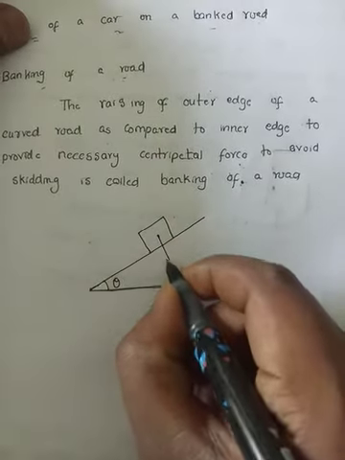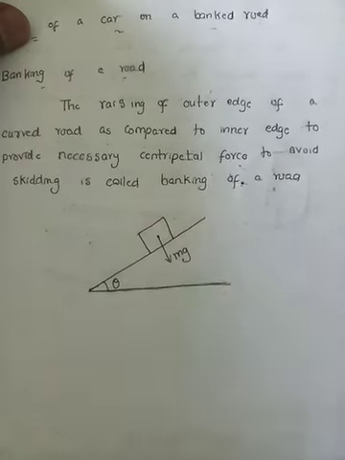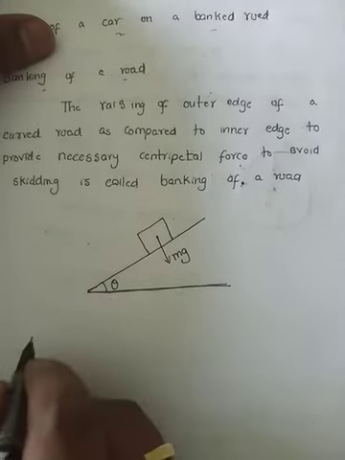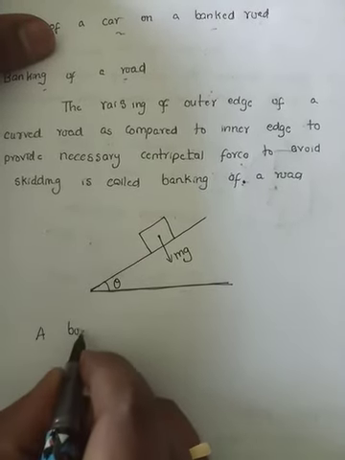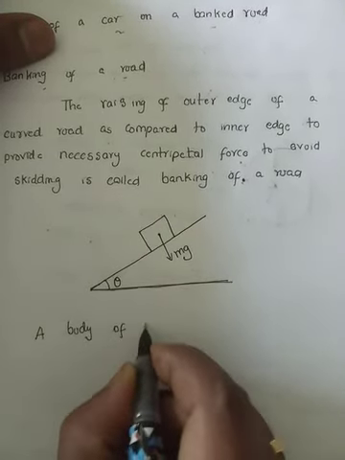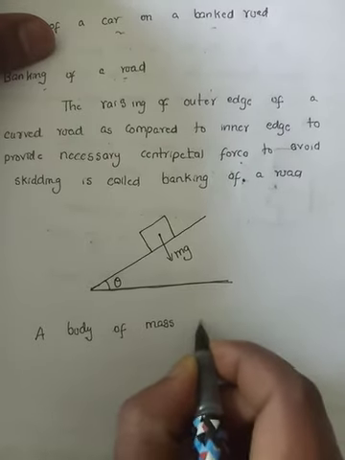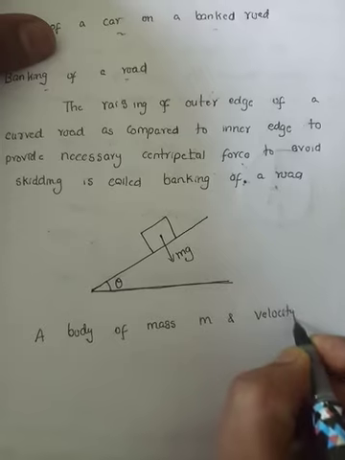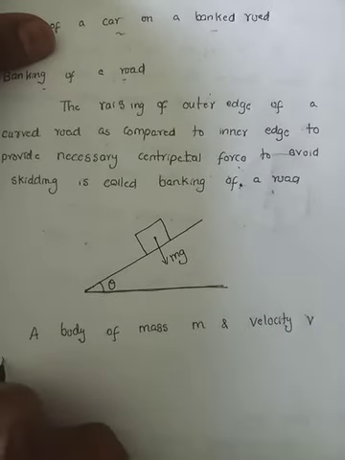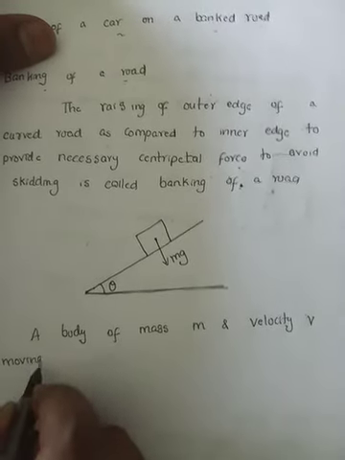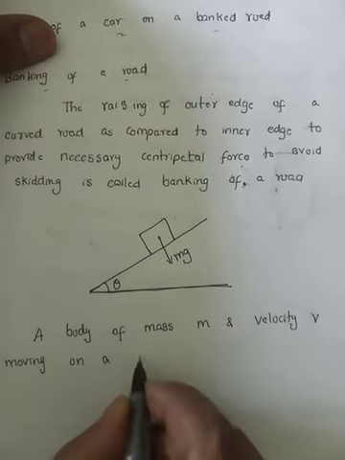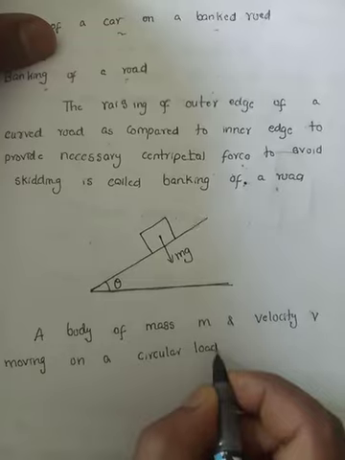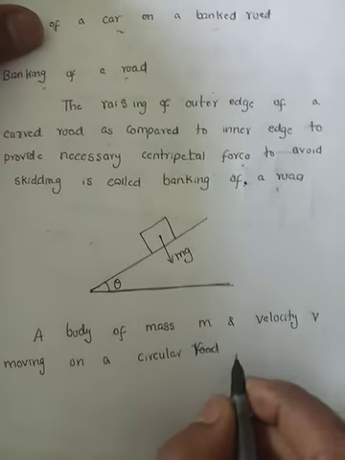First one, the weight of the car acting downwards. A body of mass m and velocity v moving on a circular road has 3 forces.